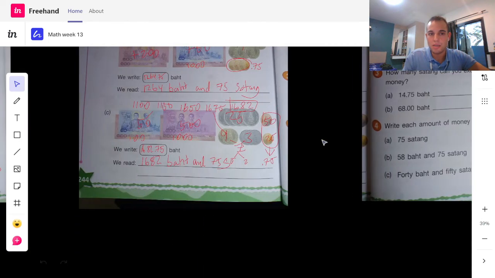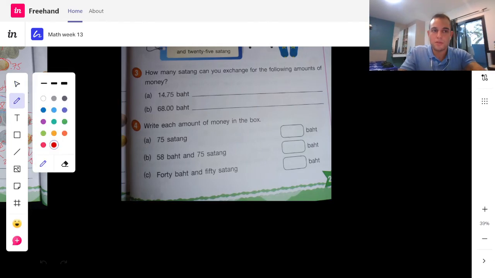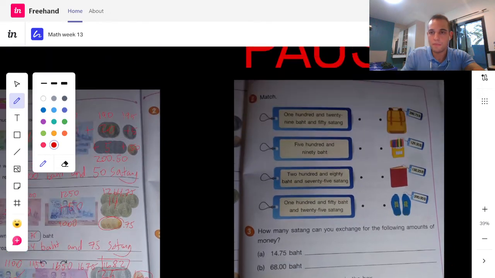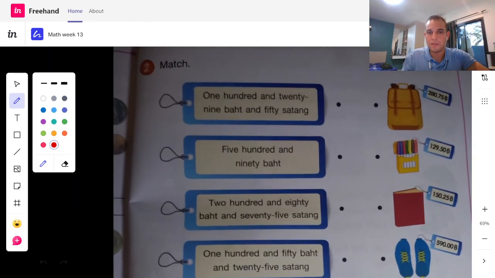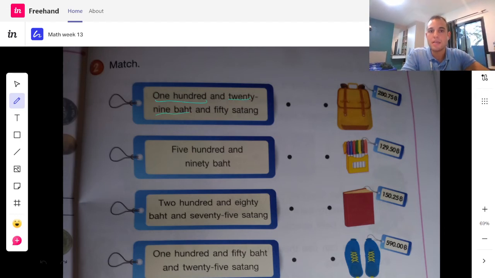This is page 245, okay? 245 is just the next page. All right, so let's do our matching. We have to read and match. 129 and 50 satang. So we have 1, 2, 9, 50.